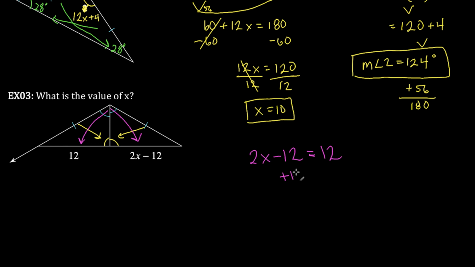So plus 12, I get 2x equals 24, divide by 2, and x equals 12.